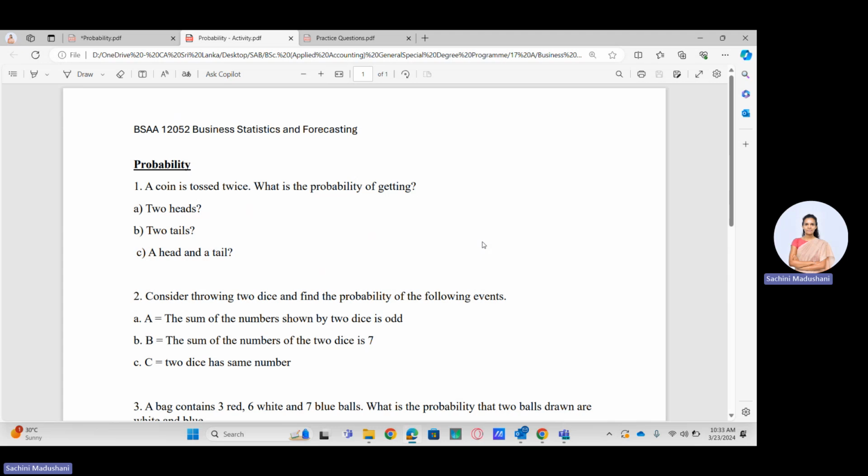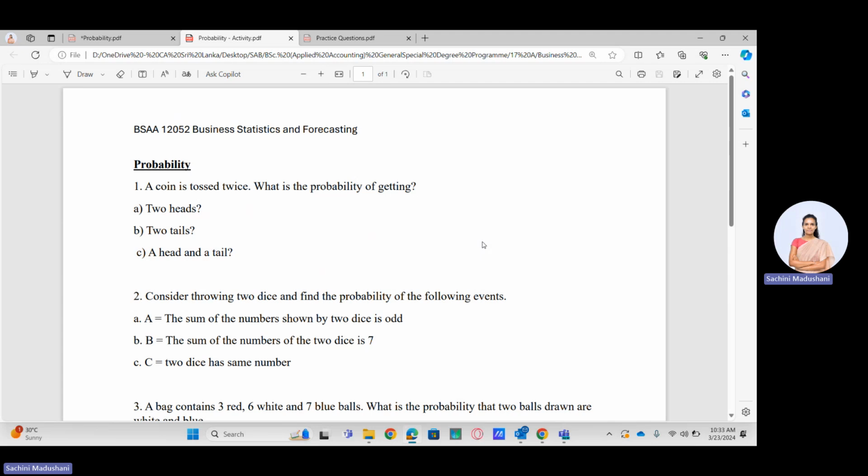Then what are the outcomes you can get? Head or tail. Then what is the probability value here? Getting a head 1 over 2, getting a tail 1 over 2. Yes, no? Okay, then we can use the classical approach to find the probability value.